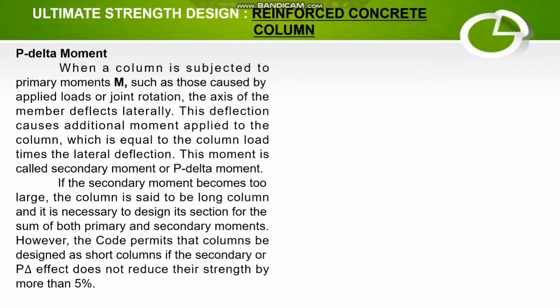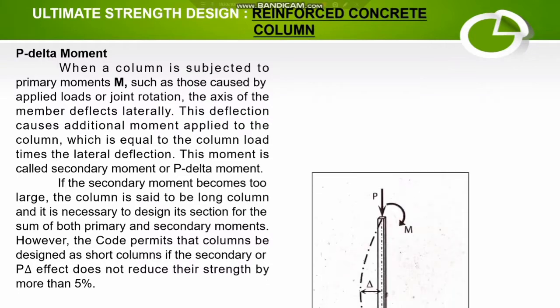If the secondary moment becomes too large, the column is said to be a long column, and it is necessary to design its section for the sum of both primary and secondary moments. However, the code permits that columns be designed as short columns if the secondary or P delta effect does not reduce their strength by more than 5%.